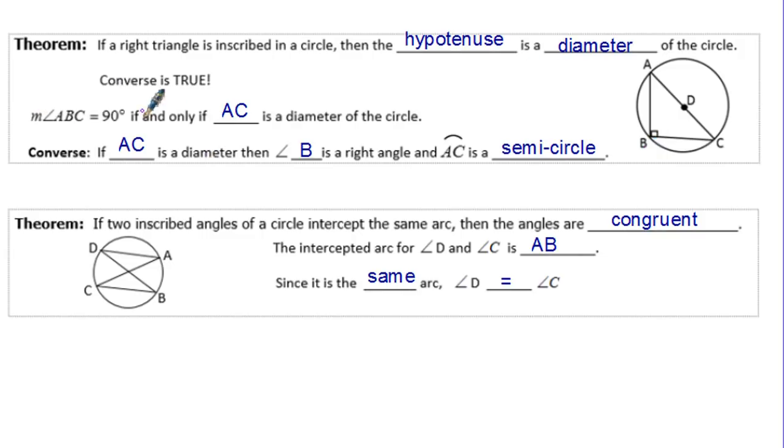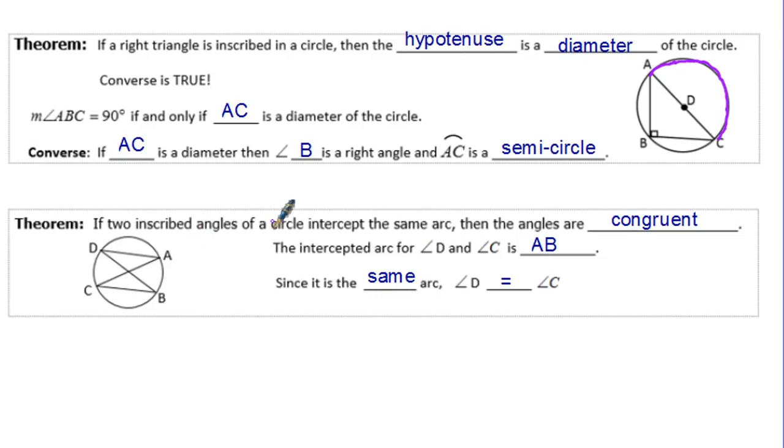The measure of angle ABC is 90 degrees if and only if AC is a diameter. If AC is a diameter, then angle B is 90 degrees, and therefore arc AC, this ice cream cone right here, is a semicircle, which we know means it equals 180 degrees.